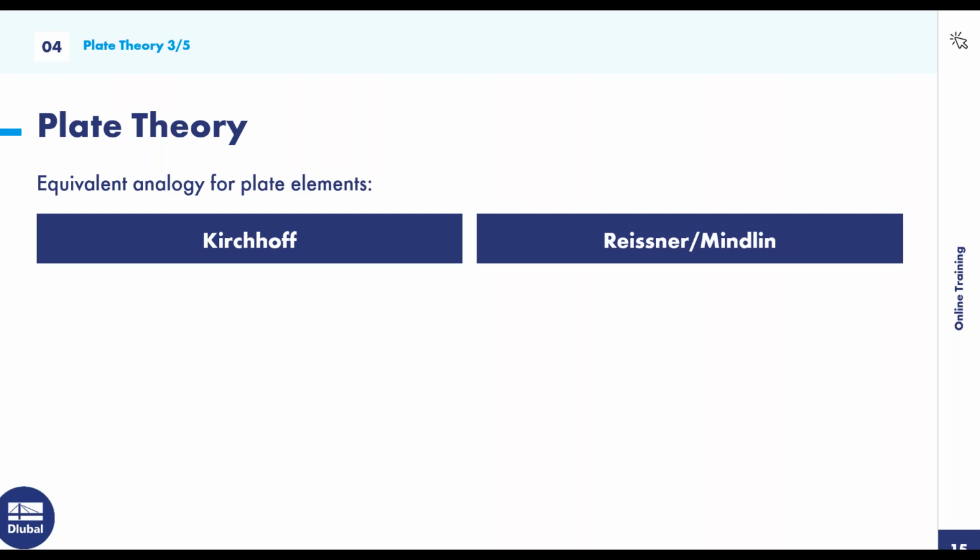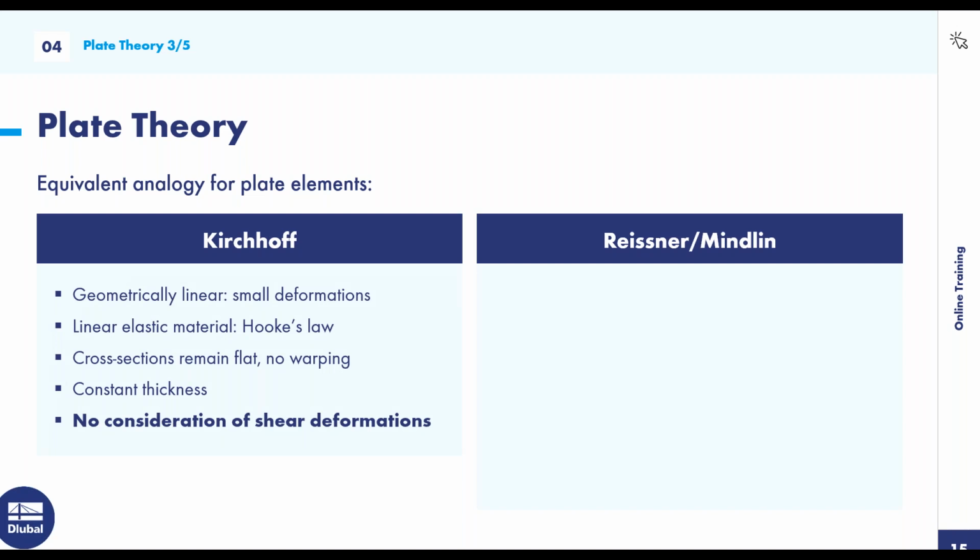This works the same for plates. The assumptions for the Kirchhoff theory are listed here. Basically we're assuming small deformations and that they are linear deformations. Also, we're assuming that the material used is linear elastic, so using Hooke's law. We're also assuming that the cross sections remain flat with no warping, and that the plate has constant thickness.